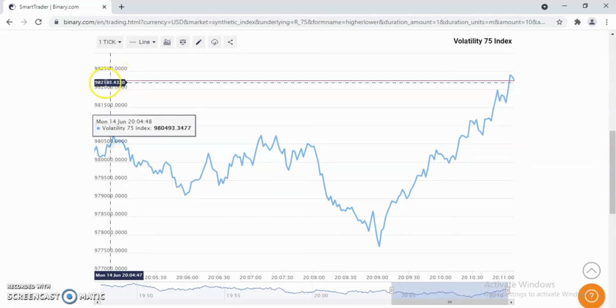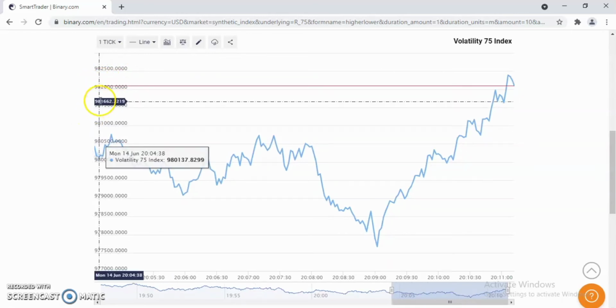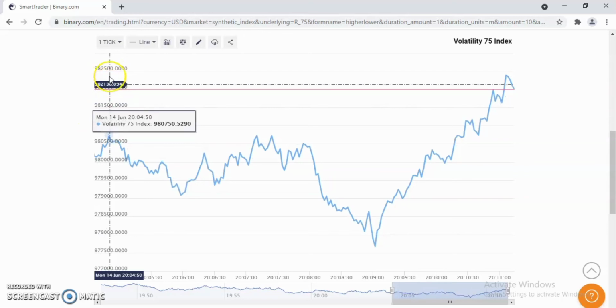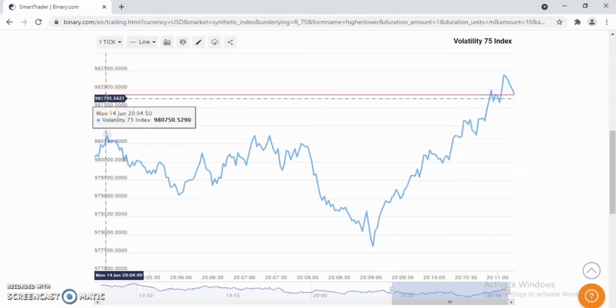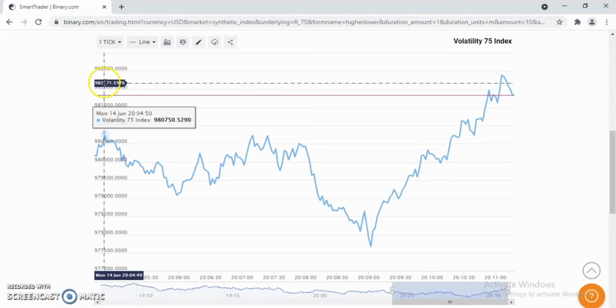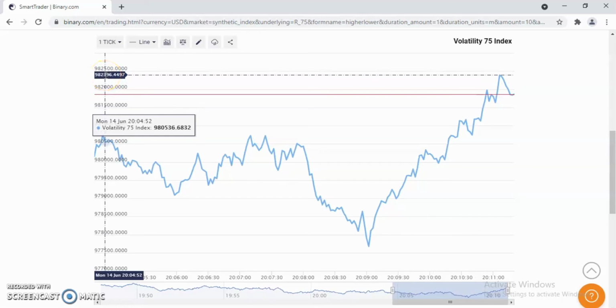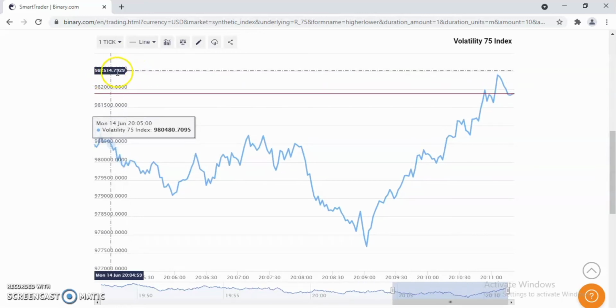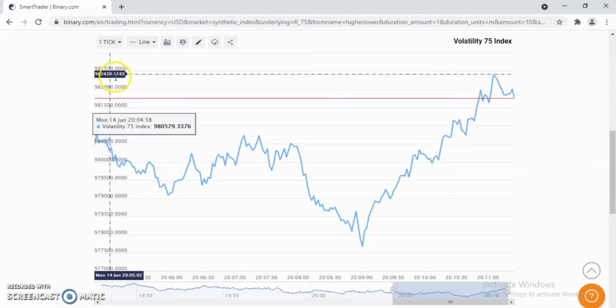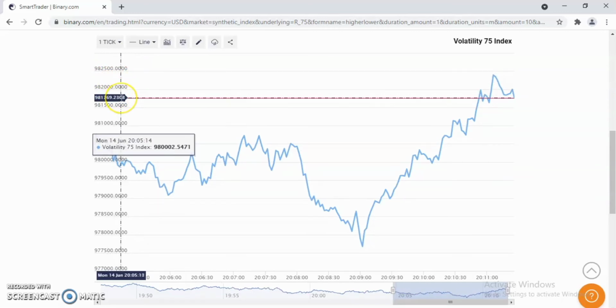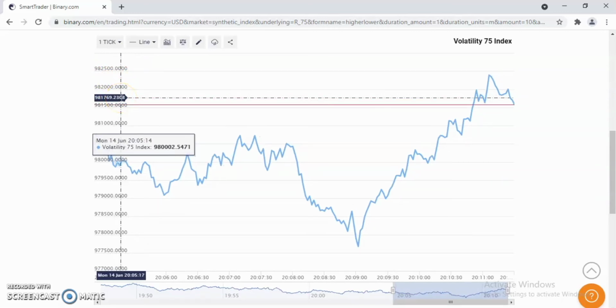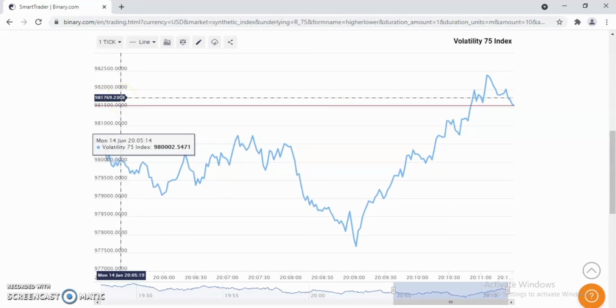It's almost perfect, but the difference is still the gap. There's still much gap in between. Okay, in trading binary, these digits matter a lot. You need to make sure that the digits are corresponding. When there is much difference in the digits, that means the market might not be too settled.